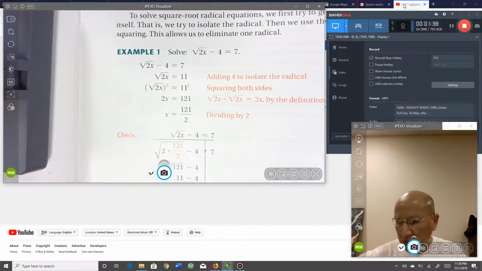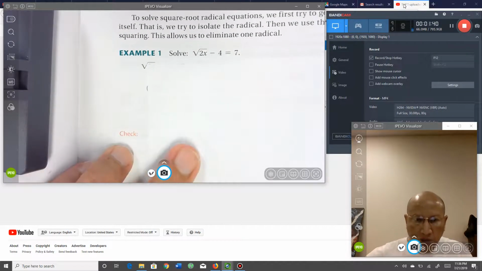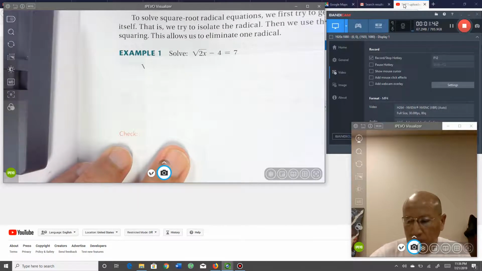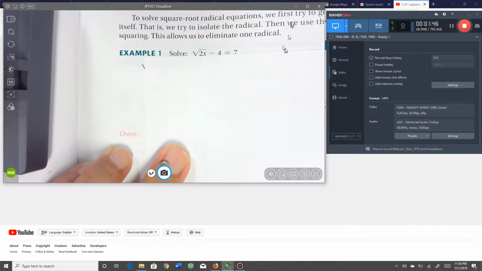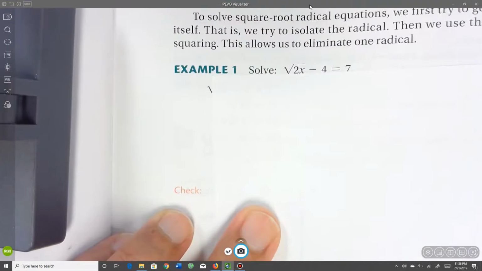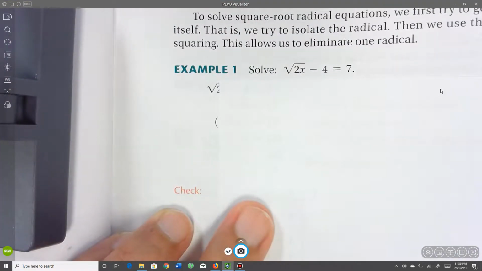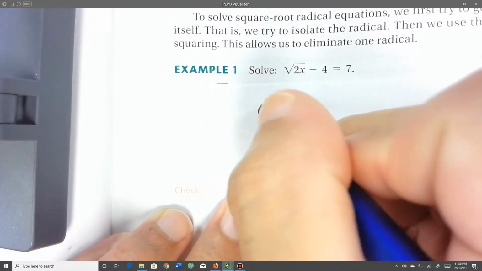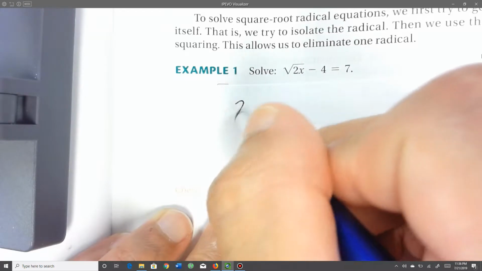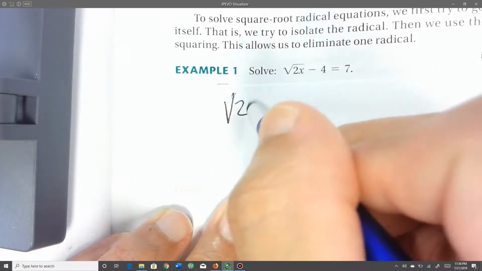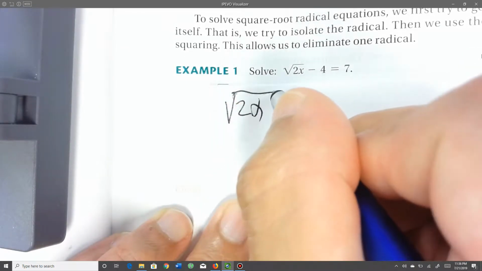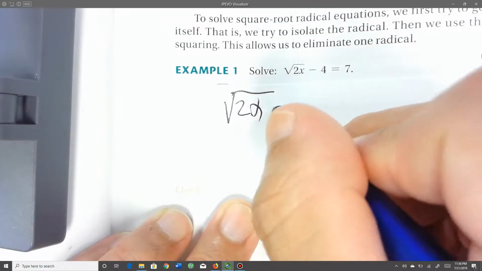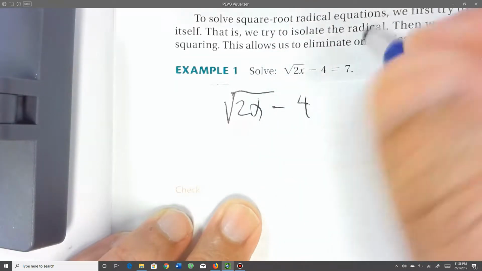All right, so let me see if I can explain it further by going ahead and expanding this screen here. There you go. Let me just write the equation on this piece of paper here, and I will teach you the rules as we go.